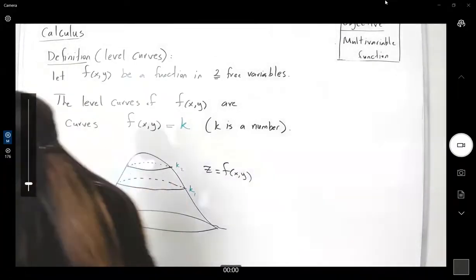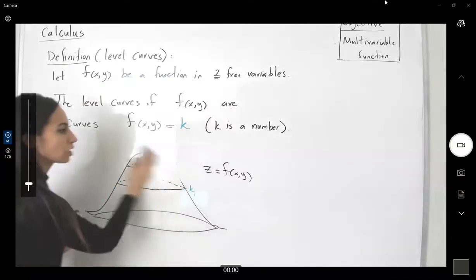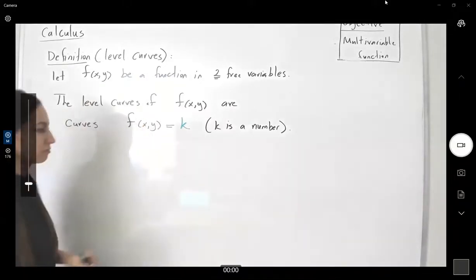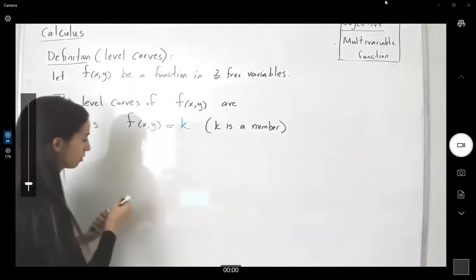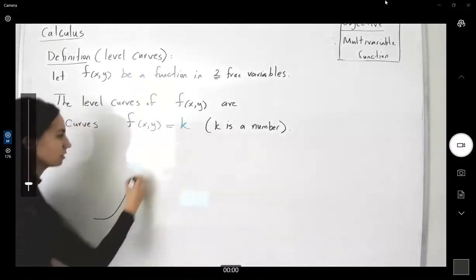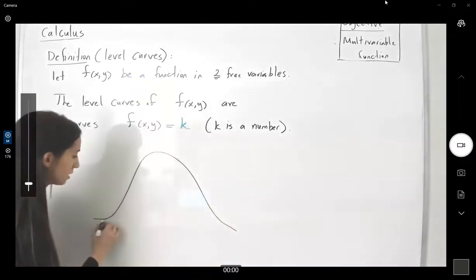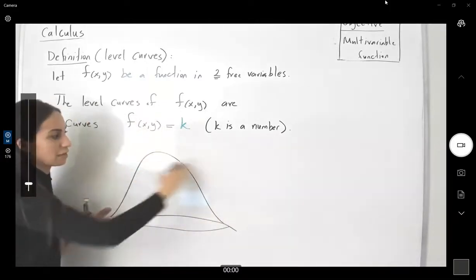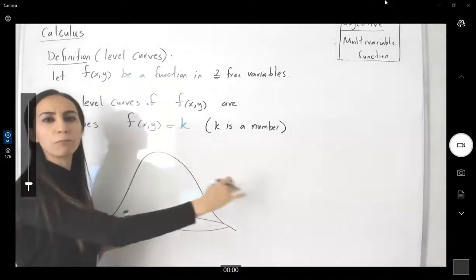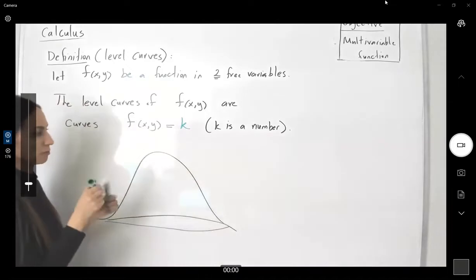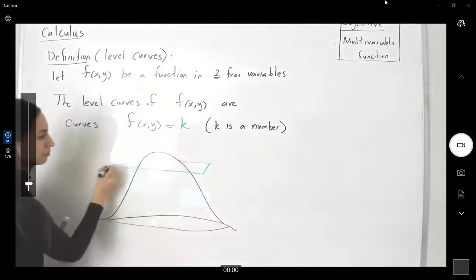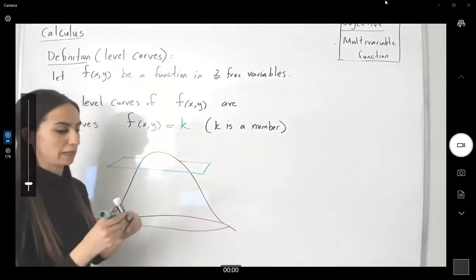So what are we doing? You're actually cutting the surface by some planes. So suppose you have this surface here, and then you're saying, what if I cut this surface by some planes? The first plane is this one, just any plane.